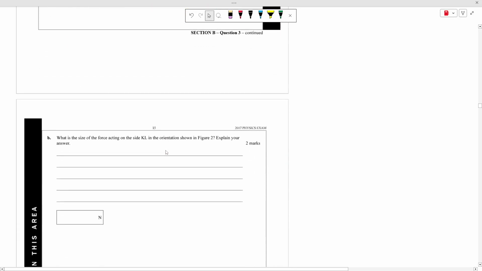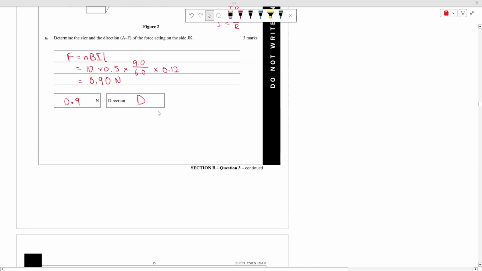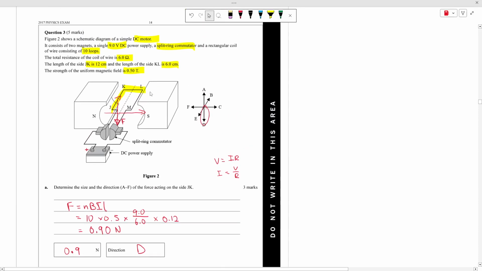Part B. What is the size of the force acting on the side KL in the orientation shown in figure 2? Explain your answer. If you have a look at the figure, KL is parallel to the magnetic field between your magnets. Whenever you have a current parallel to the magnetic field, there is no effect. The force on that current is nothing.